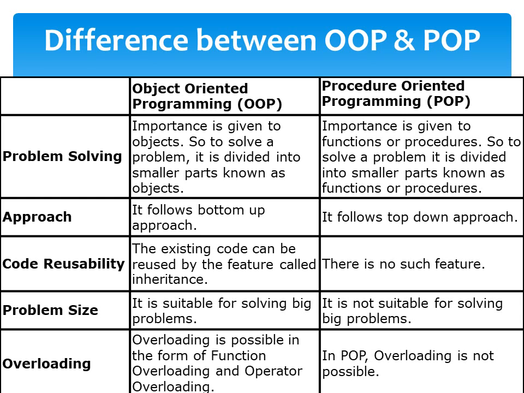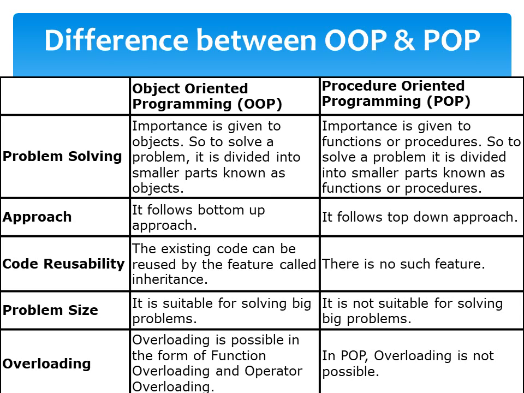Third, code reusability. In object oriented programming, existing code can be reused by applying the concept of inheritance, whereas in procedure oriented programming, there is no concept of inheritance, and so reusability of code is difficult to apply.